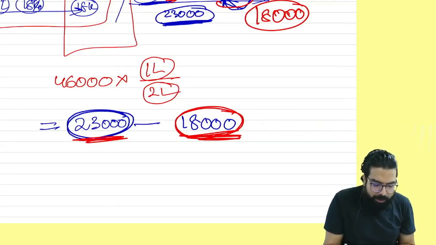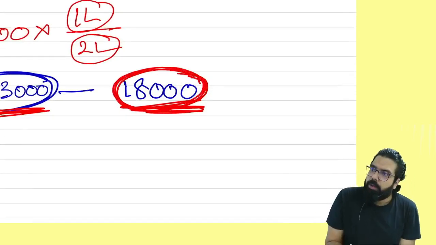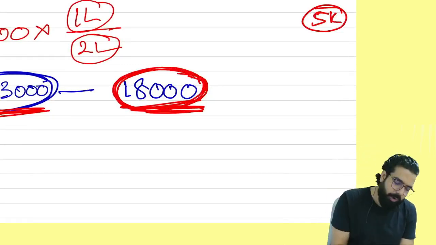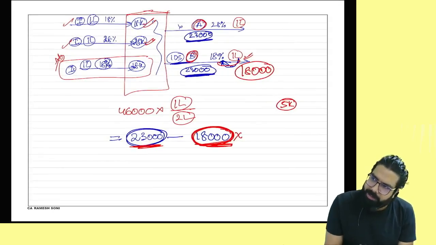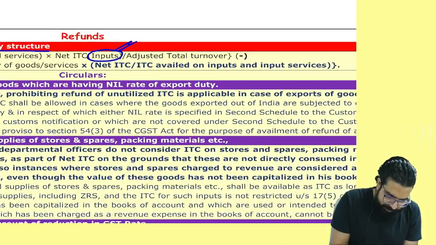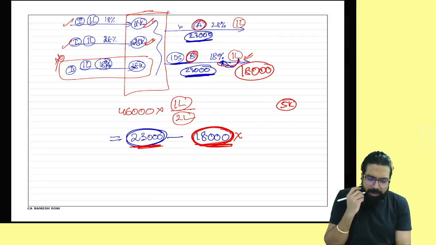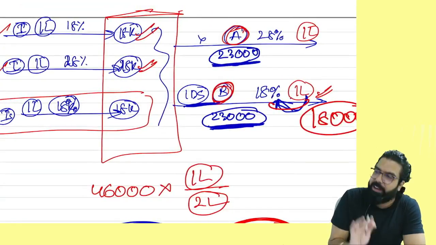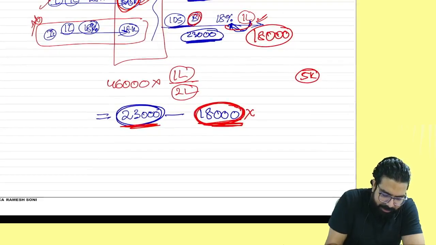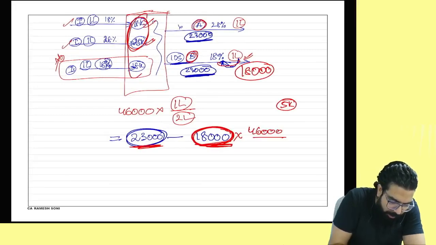People watching at home, are you guys clear? So the government assumed that 18,000. Government told okay, fine. You were getting how much for refund earlier? Government told do one thing. This 18,000 when you are paying, you pay in the ratio of net ITC divided by ITC available on input and input service. Sir, what do you mean by this? Here, government told, I will assume that you are paying in this ratio, 18 and 36 is how much? 46,000 divided by total.